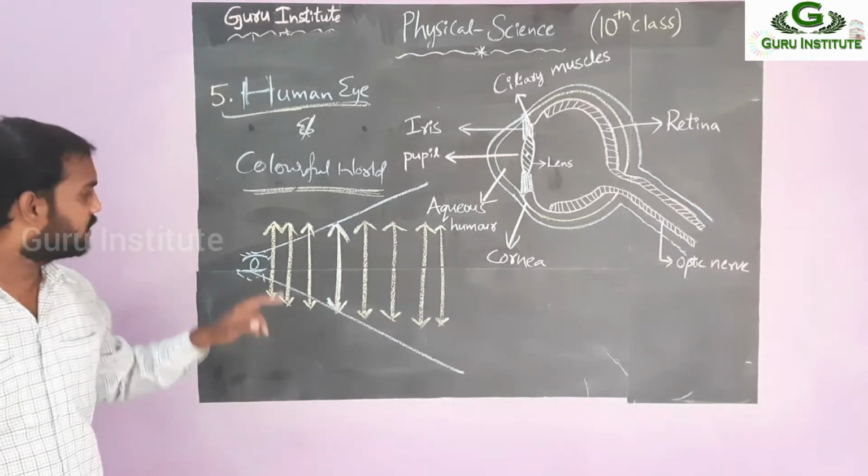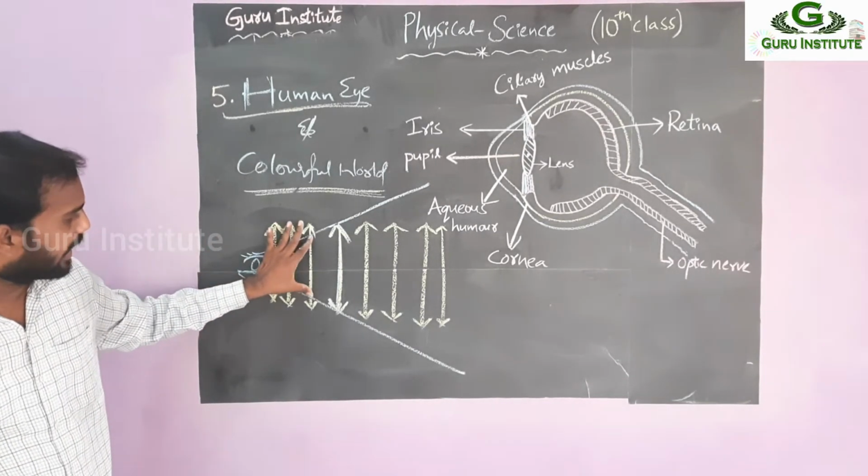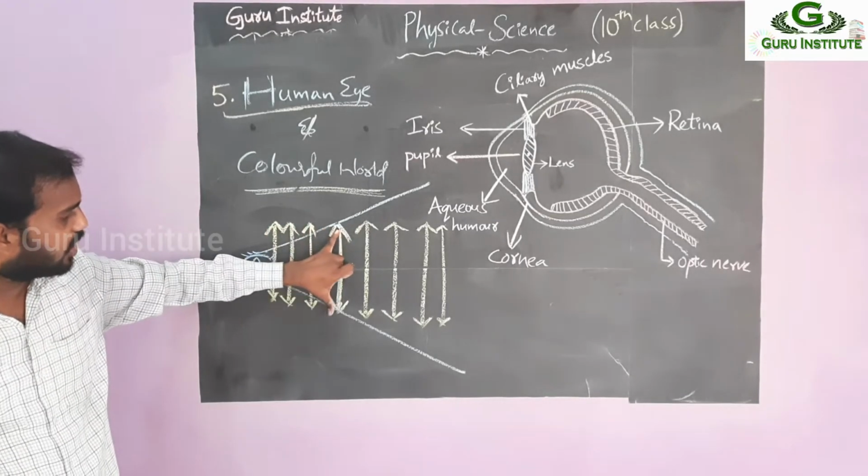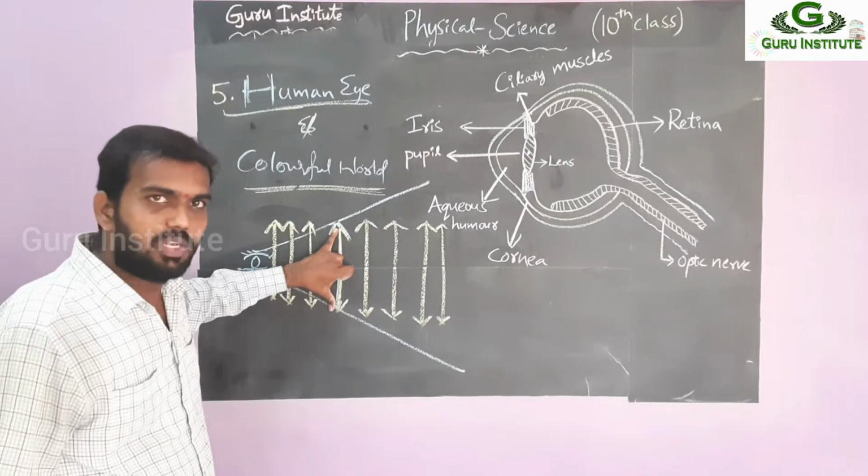Then what is observed? Here I can see up to this part only. Here the part is increased, again increased. Here I can see the total part, that means the total image of the object.